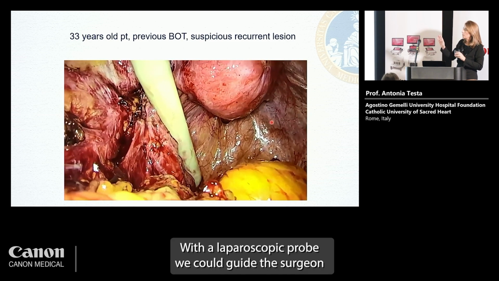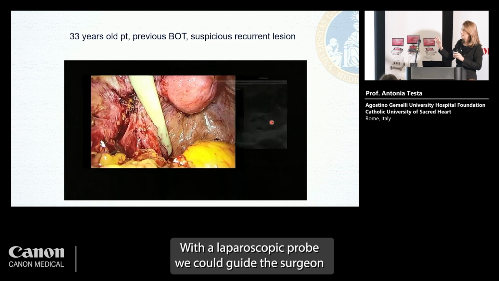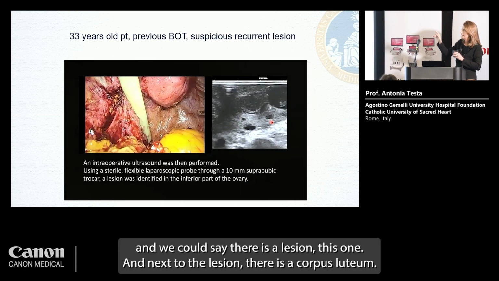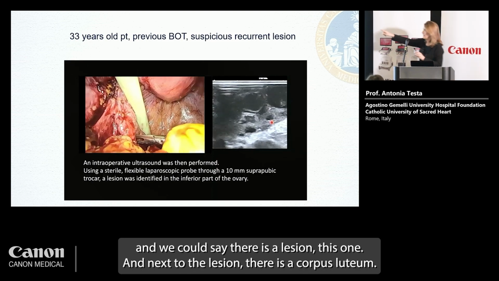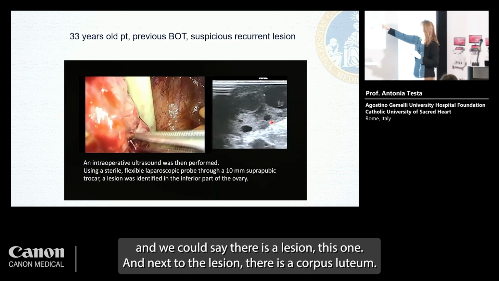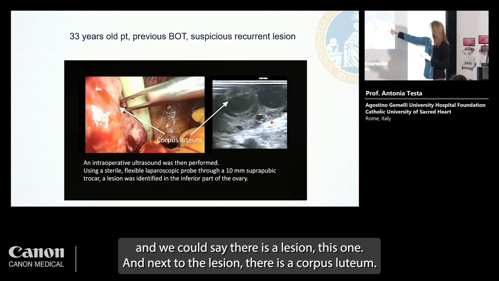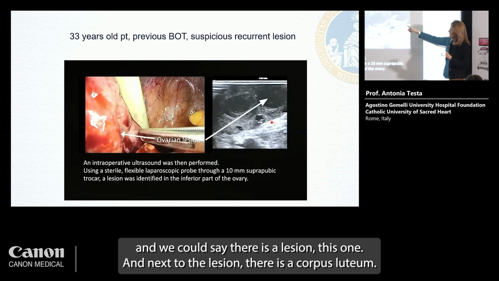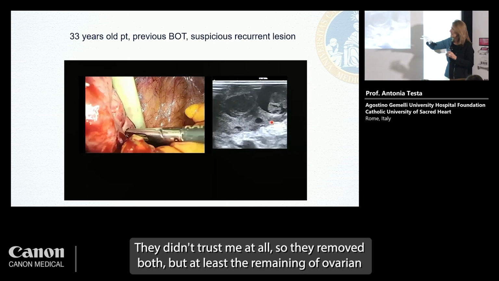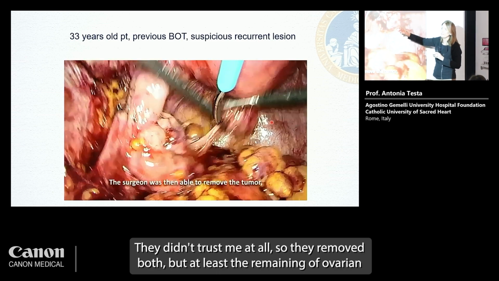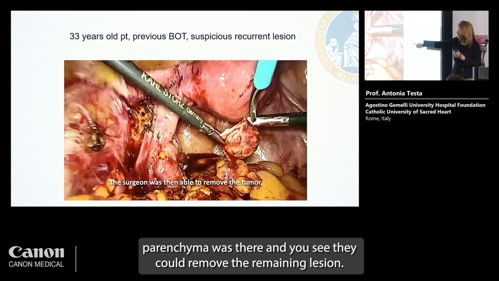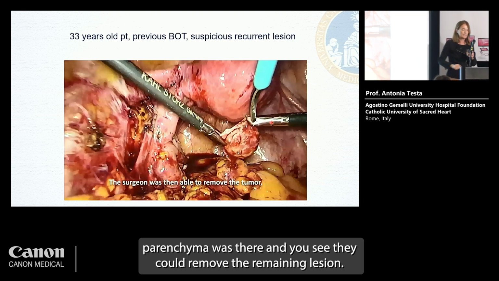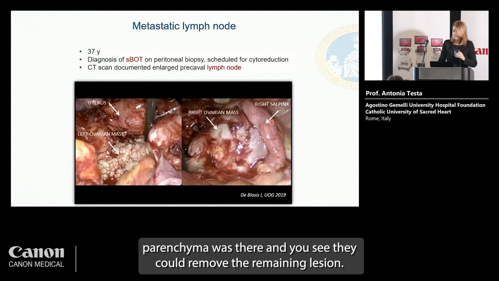With the laparoscopic probe, we could guide the surgeon and we could say, there is the lesion, this one, and next to the lesion, there is a corpus luteum. They didn't trust me at all, so they removed both, but at least the remaining ovarian parenchyma was there, and you see, they could remove the remaining lesion.